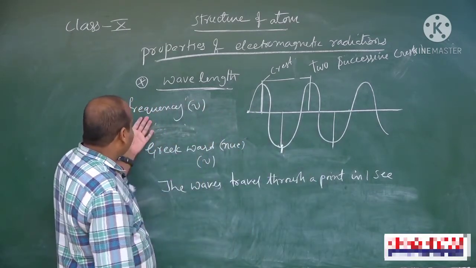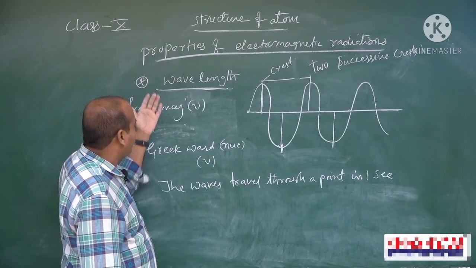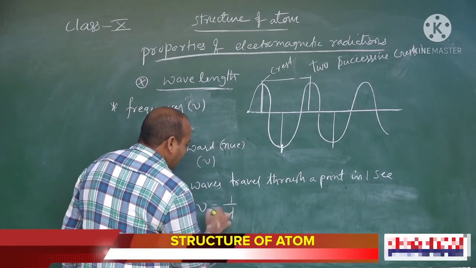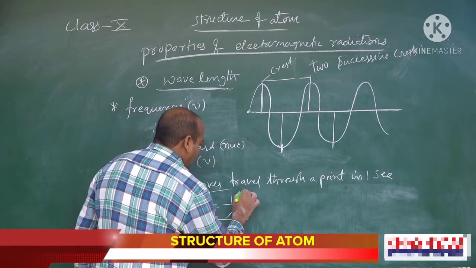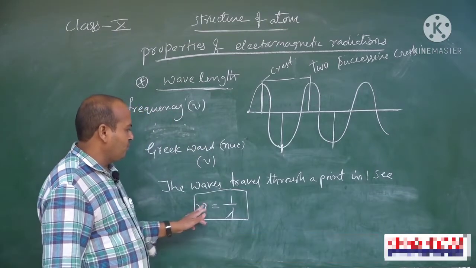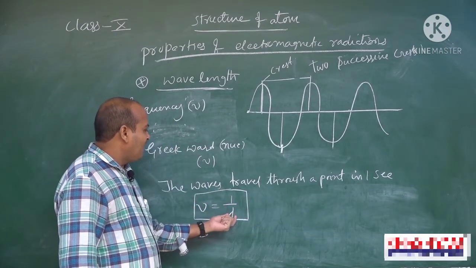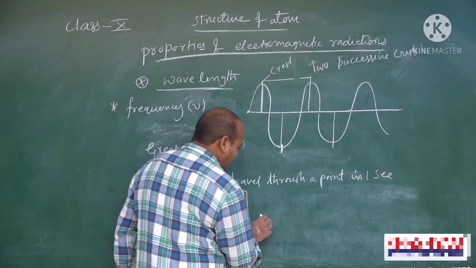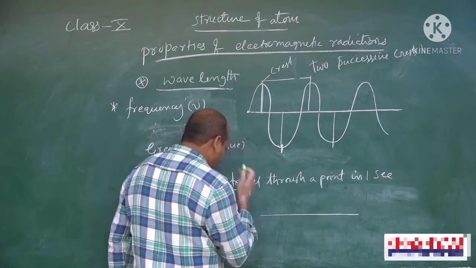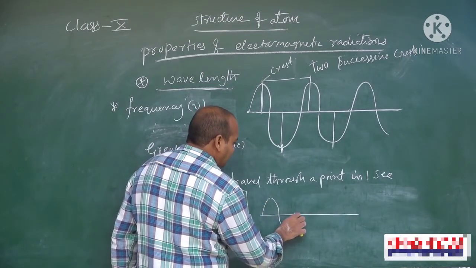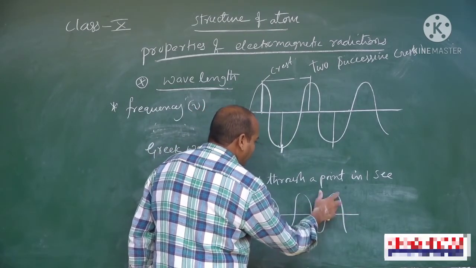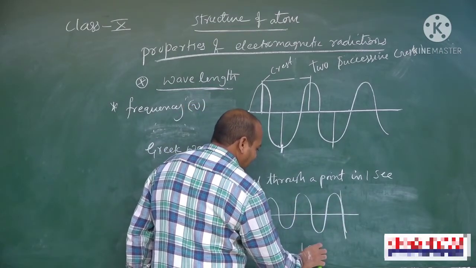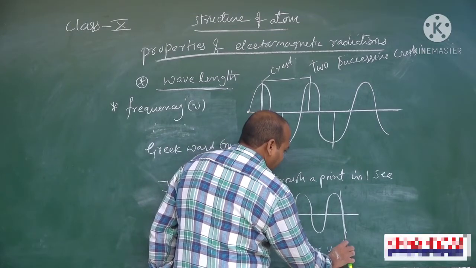Then the relation between wavelength and frequency is: nu is equal to 1 by lambda. As the lambda value increases, frequency decreases. That means in the case of waves, when the wavelength increases, the number of waves decreases from this point to this point per second, per unit time.